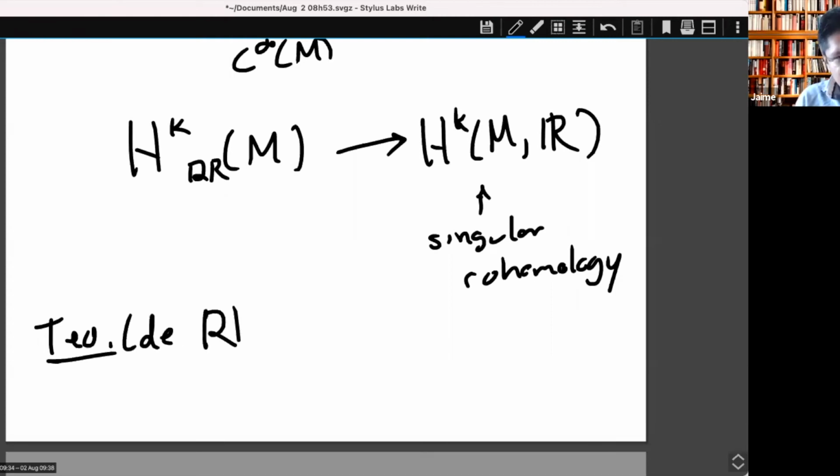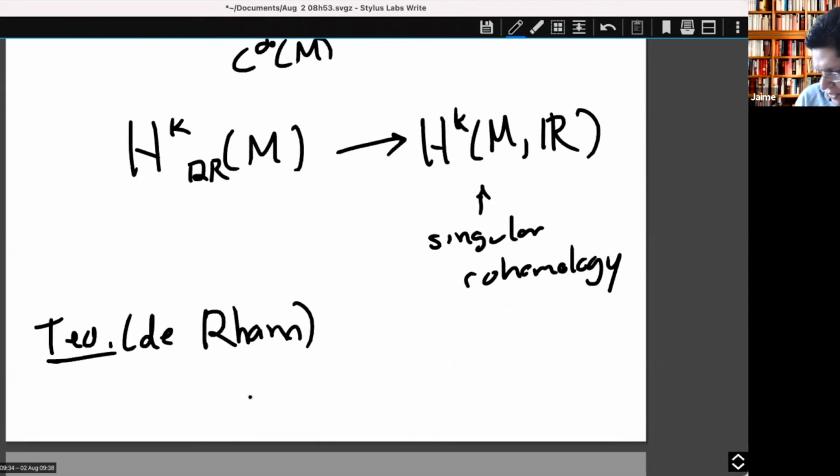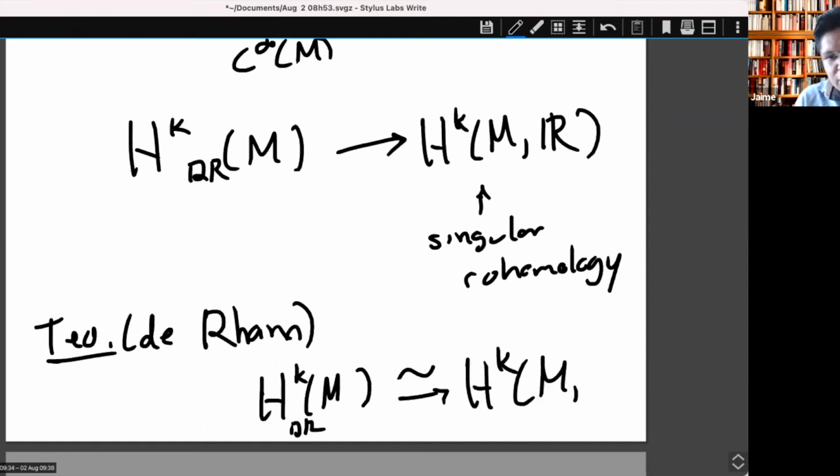This is the famous de Rham theorem that says that this canonical map from the de Rham cohomology to singular cohomology is actually an isomorphism, right? So we are good, right?